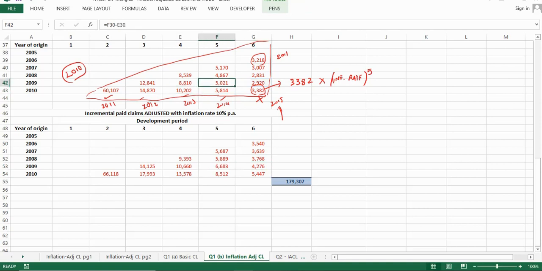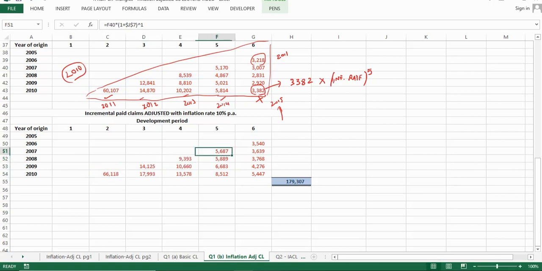These three are in 2013, so adjustment with the inflation rate over 3 years ahead of 2010. These are in 2012, only 2 years, so it is 1 plus the inflation rate to the power of 2. This is only 1 year.